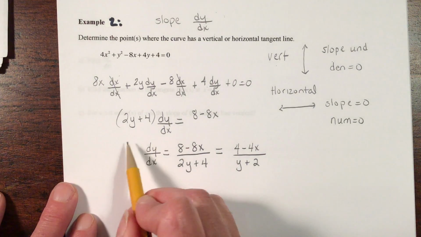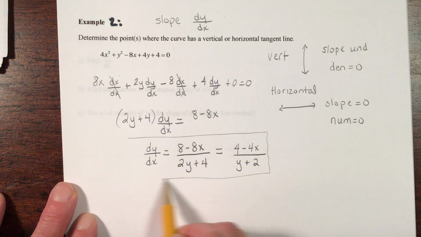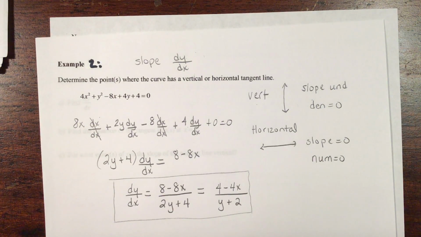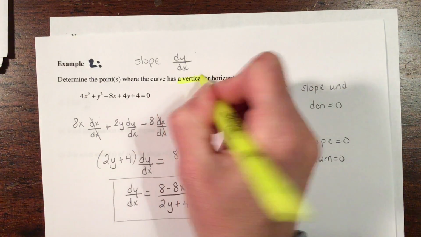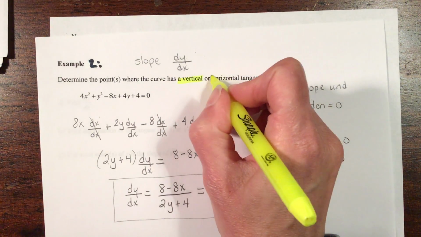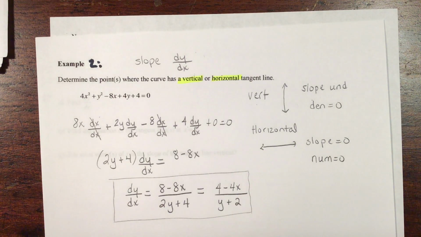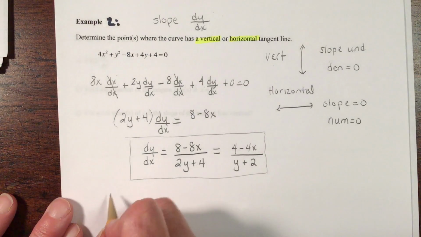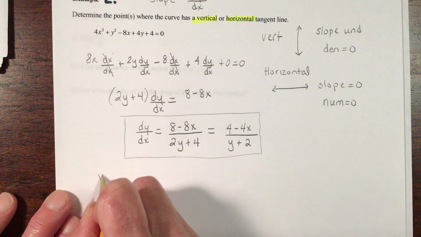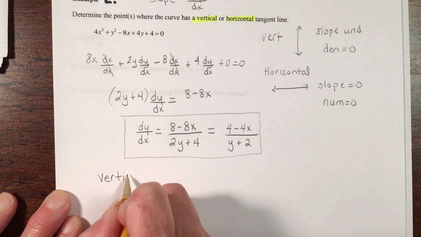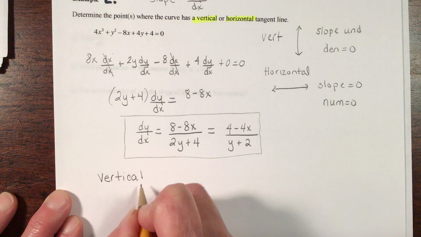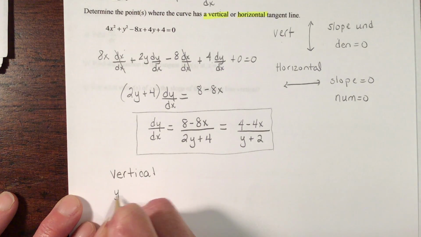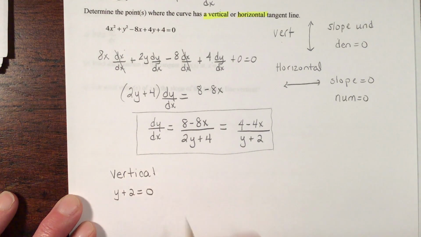So now that we have the rule for our derivative, we're going to go back up and look at specifically what we want to show. We want to find the points where we have vertical and horizontal tangent lines. If we want to find where something is vertical, remember that's where we set the denominator equal to 0. So y plus 2 equals 0.